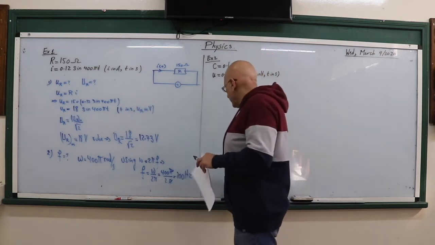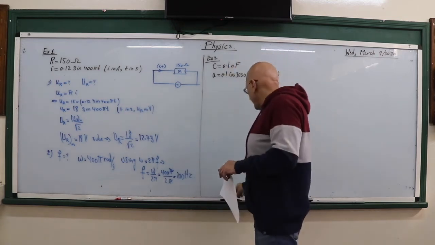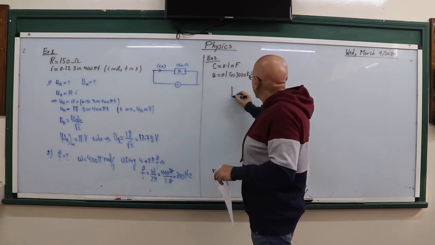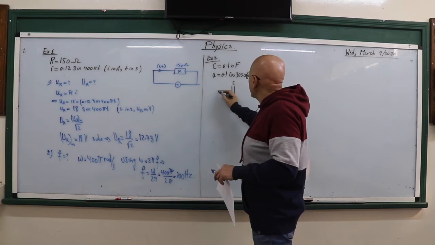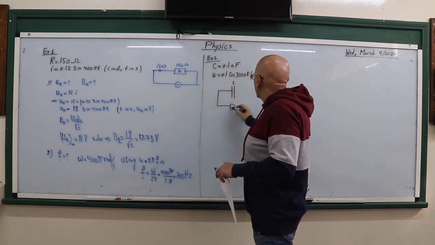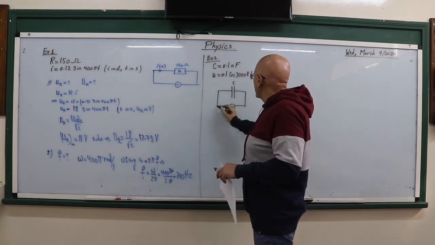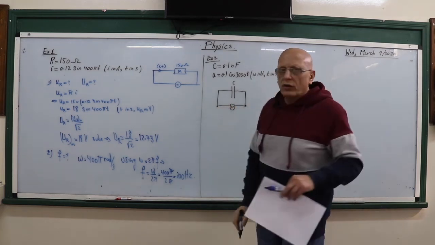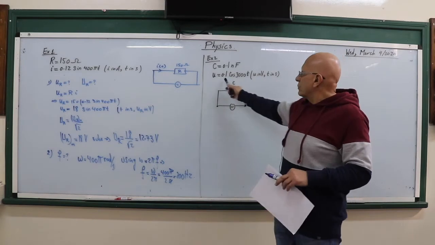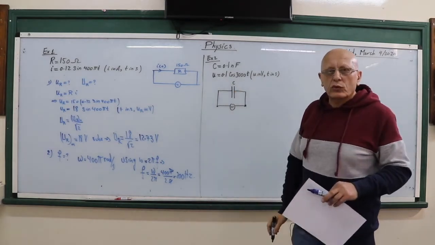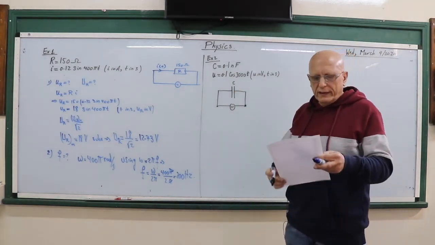This means that you have a capacitor C connected to an AC generator. The voltage of the generator is U equal 0.1 cosine 3000 t.